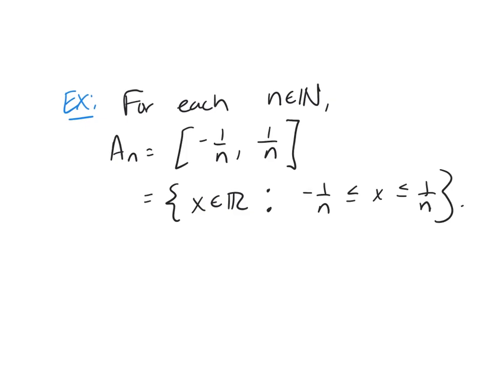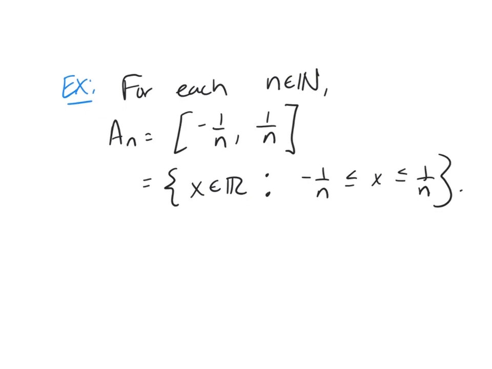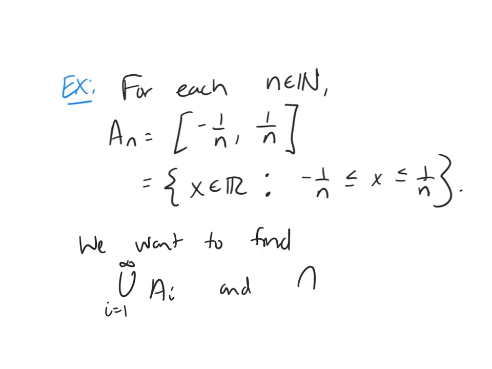And so what I want us to do is find the union or the intersection of these intervals. So we want to find the union from i equals 1 to infinity of A_i and the intersection from i equals 1 to infinity of A_i.